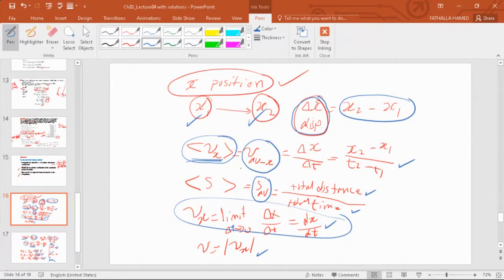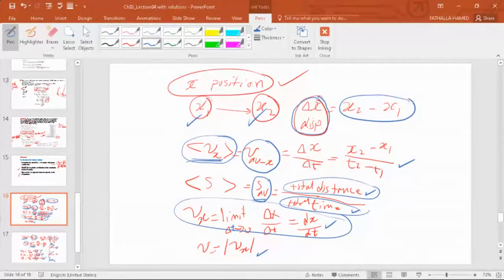But in the textbook, we write it Vf-x. We defined another quantity as well, which we call average speed. And we said that this should be the total distance over total time. And we said average velocity and average speed are not related at all. And we dealt with examples to state that.